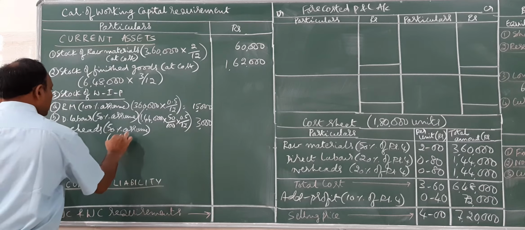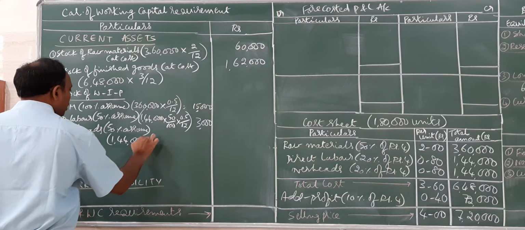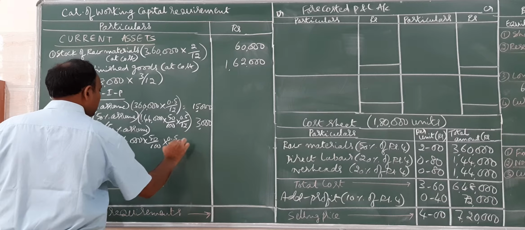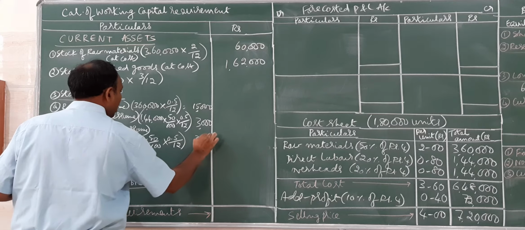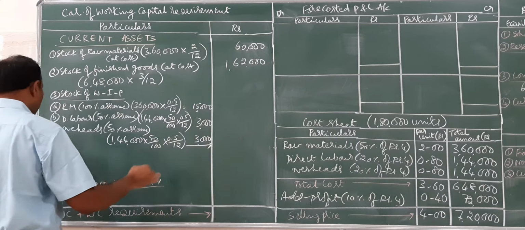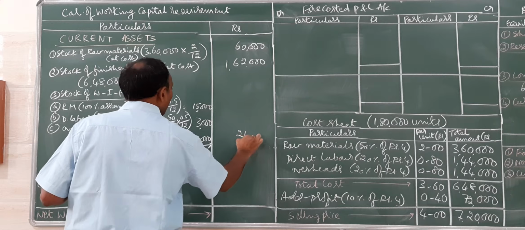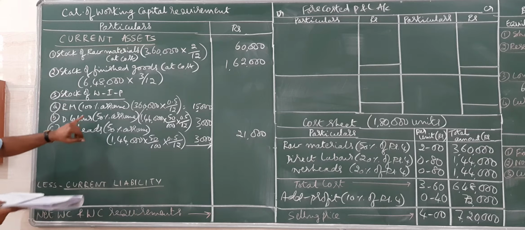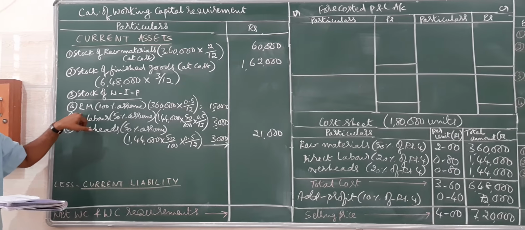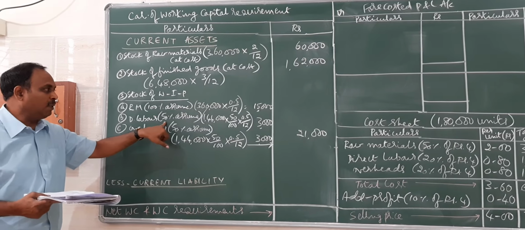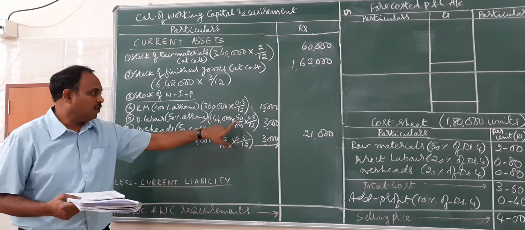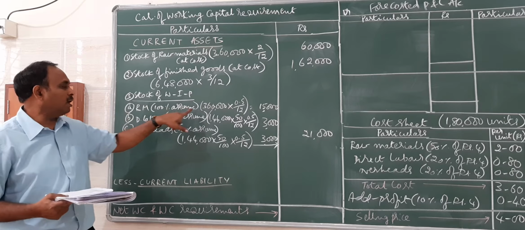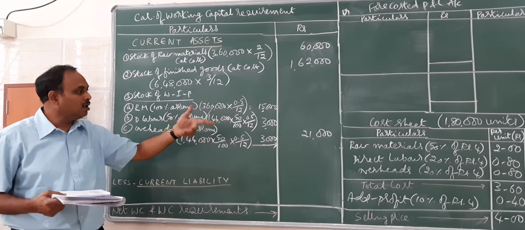For overheads 1,44,000, 50% complete for half a month, 3,000 again. So if you add all the three elements, it is going to be 21,000 work in progress. If nothing is specified, we have to assume like this: for raw material 100% complete, for labor 50%. So when we do labor, 50 by 100, and 50 by 100 for overheads. Raw material 100%, so no need to put 100 by 100, not required.